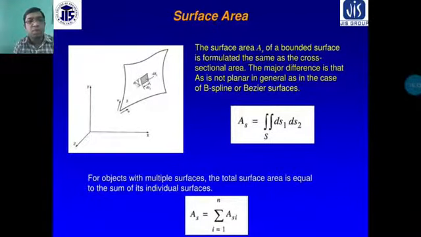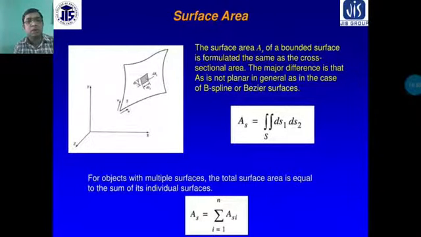For objects with multiple surfaces, for any type of object you have to consider the multiple surfaces available on the object. When you have multiple surfaces, the total surface area is equal to the sum of its individual surfaces.